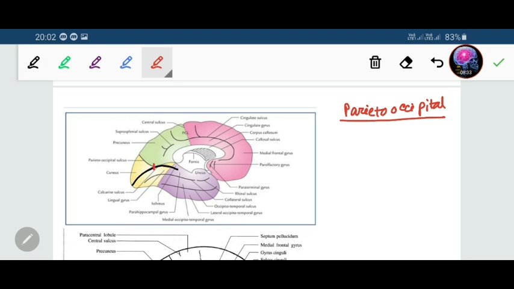From the midpoint of the calcarine sulcus, the parieto-occipital sulcus begins, and it courses upward and slightly backward to cut the superomedial border. This is the superomedial border. So the parieto-occipital sulcus is cutting the superomedial border and may extend slightly onto the superolateral surface.